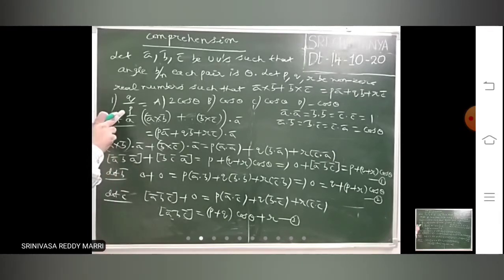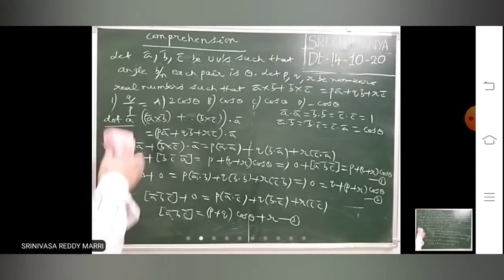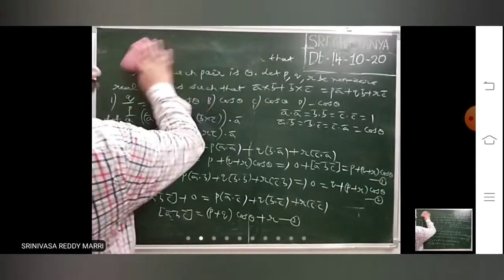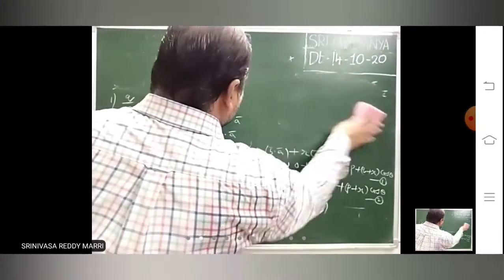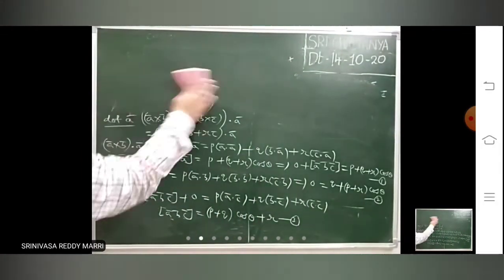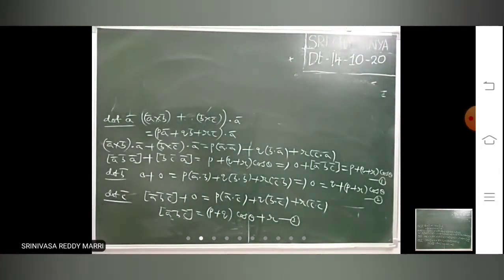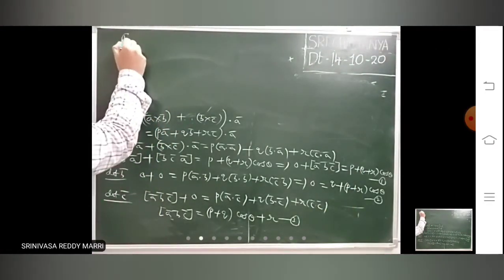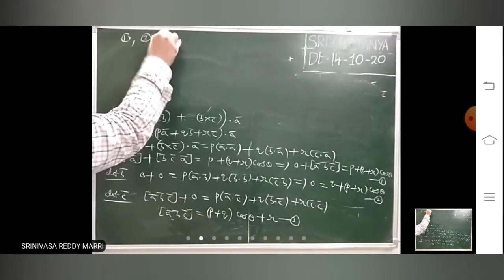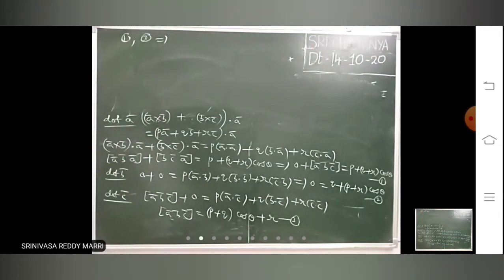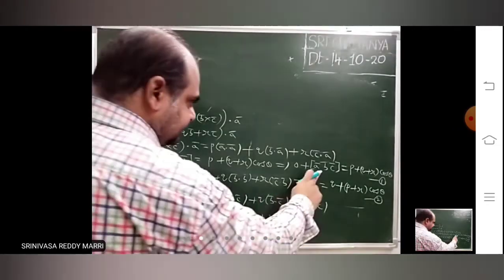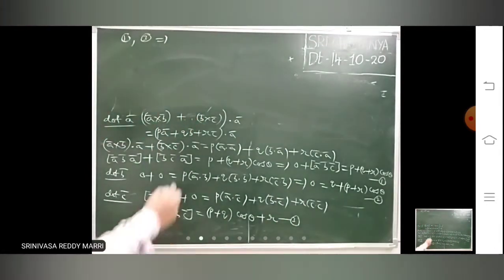Now he is asking the ratio Q by P. Look at equations 1 and 3: this is box ABC, this is box ABC, so they are equal.